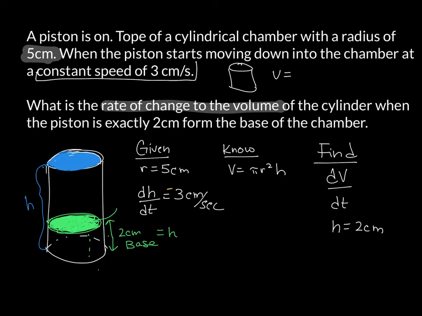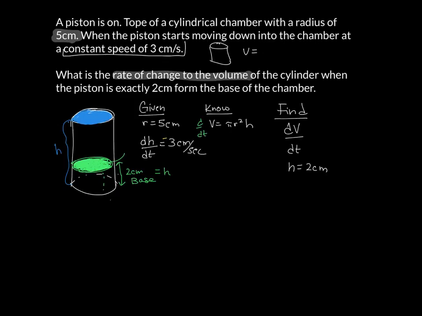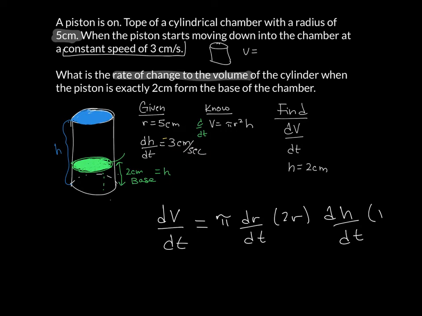So to start with this, we're going to again start with our known piece of information and take the derivative with respect to time. When we do that, we get dV/dt is equal to pi times dr/dt times 2r times dh/dt, and the derivative of h is just 1.